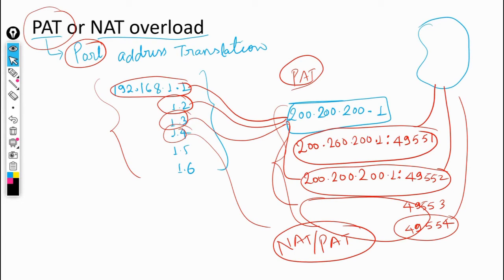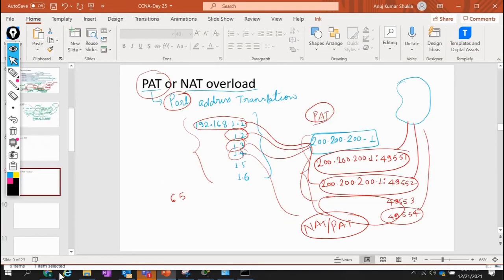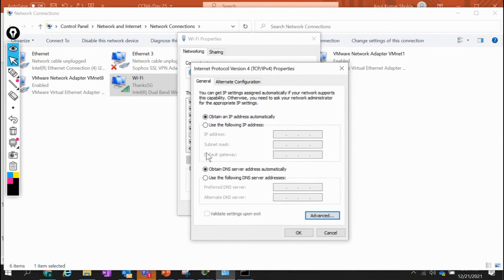Okay, but you might have one question in mind: how many ports can it have, right? Can we have an unlimited number of ports? No, we cannot. There is a limit. It has only 65,000 or so, I don't remember exactly. Let me check it from the internet.